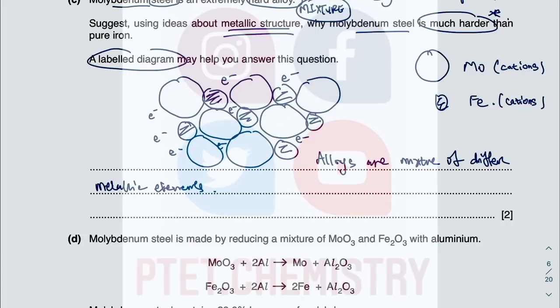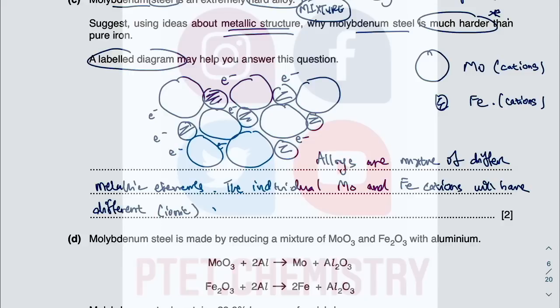The individual moly and iron cations will have different, I could call it ionic size, but I guess you can just call them different sizes. This prevents the layers from sliding. So we're talking about this kind of thing, layers, right? If you have normal metallic bond, they are all the same size, so they can slide over each other easily. That's why a property of metal is that it's malleable.